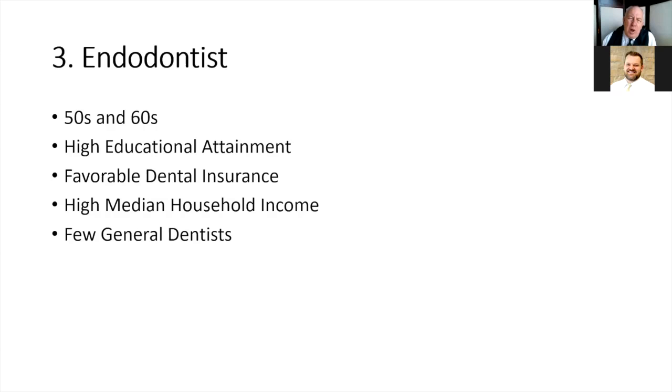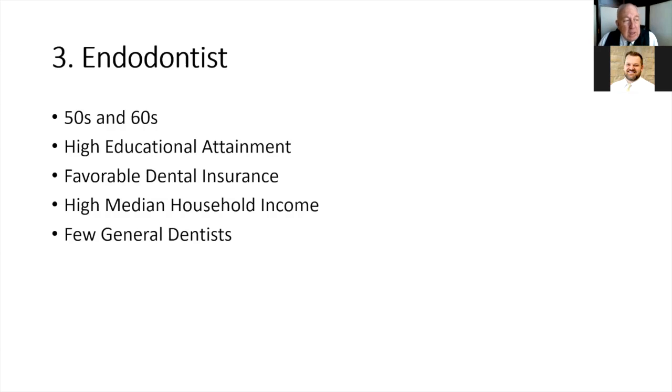And so ironically, when there are relatively few general dentists per population, they tend to refer more because they're not quite as desperate in terms of keeping up their monthly production. So if you're looking for a demographic characteristic that might indicate whether this area is going to be good for endo or not, I'd say, guys, just make sure that the general dentists are not cheek by jowl fighting each other to the death.